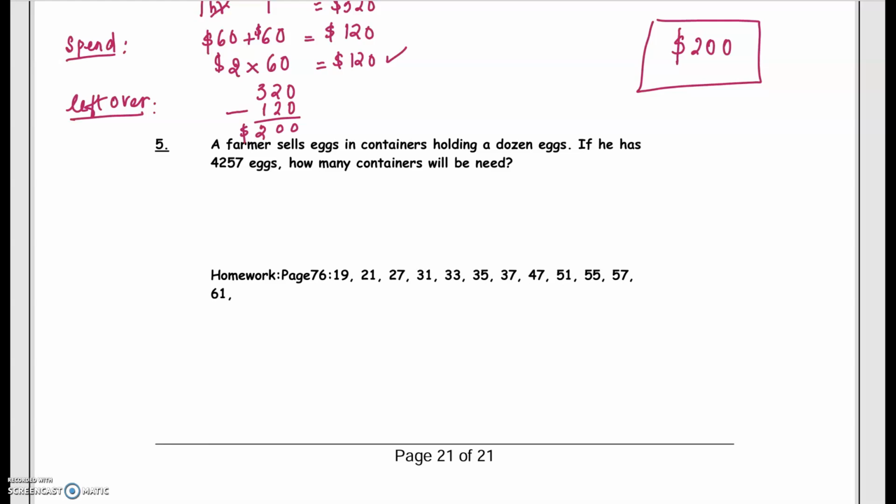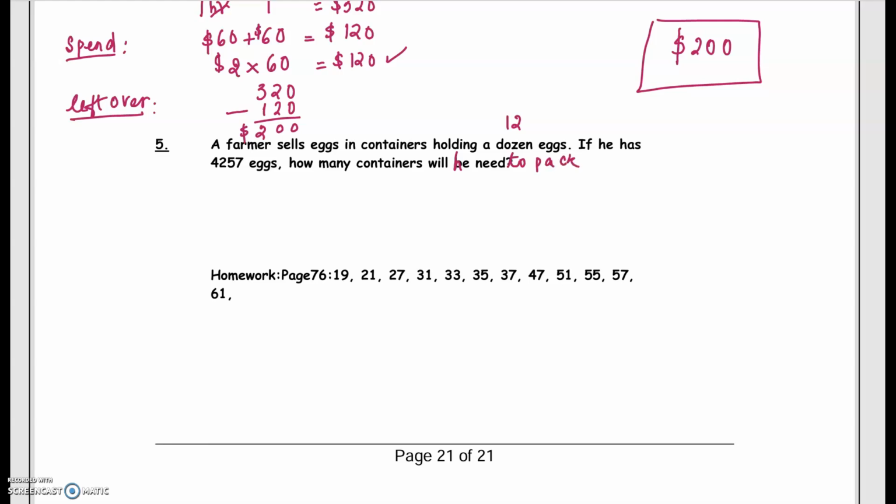A farmer sells eggs in containers holding a dozen. A dozen is 12 eggs. If he has 4,257 eggs, how many containers will he need? Let's say, to pack the eggs.